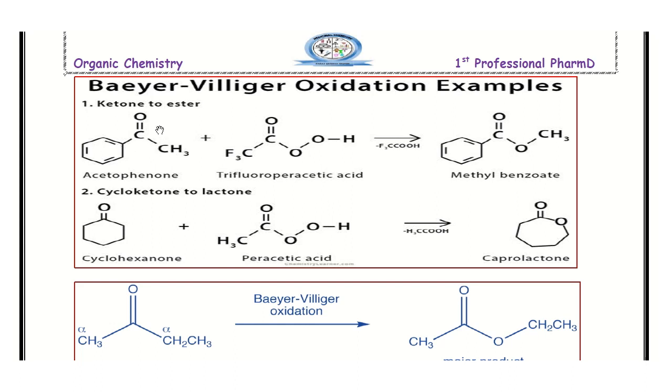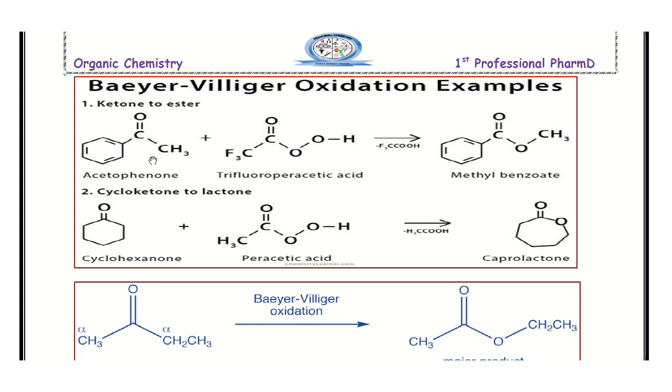In the migratory aptitude rule we have learned that the R group will shift toward oxygen, and phenyl has the greater migratory aptitude, or greater affinity to stabilize the positive charge of oxygen, than the methyl. So in this way, oxygen will come in here and methyl benzoate will be formed.